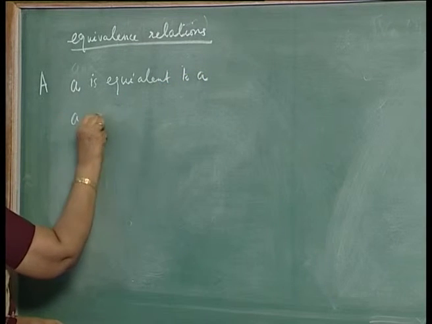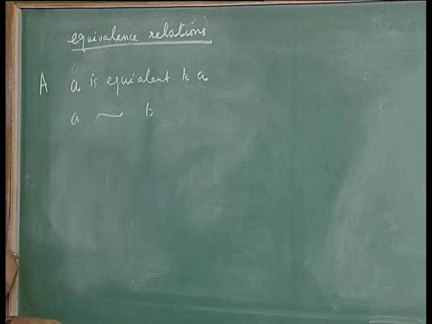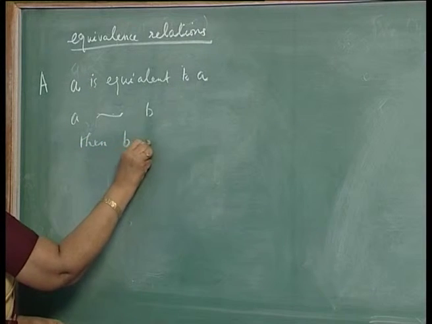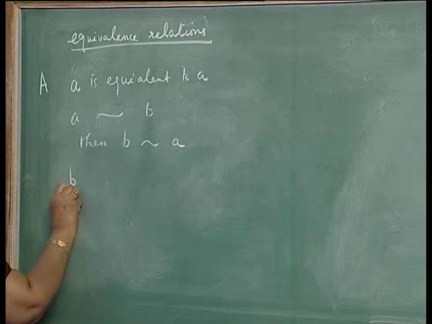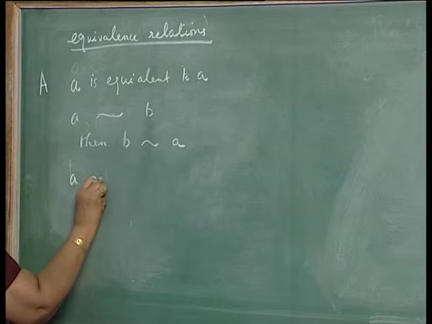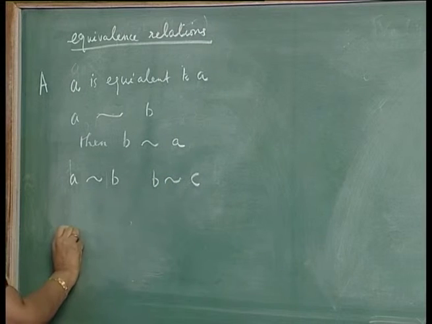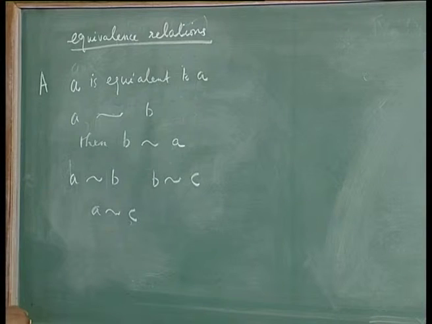If a is equivalent to b, then we say b is also equivalent to a. This is the symmetric property. Then if a and b are equivalent and b and c are equivalent, then a and c will be equivalent. This is the transitive property. These three things we consider in equivalence relation.